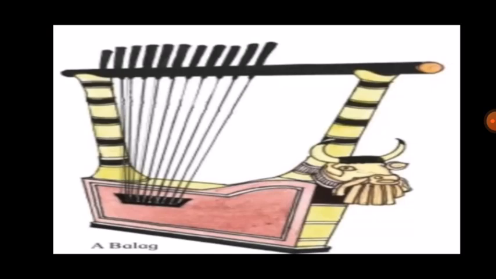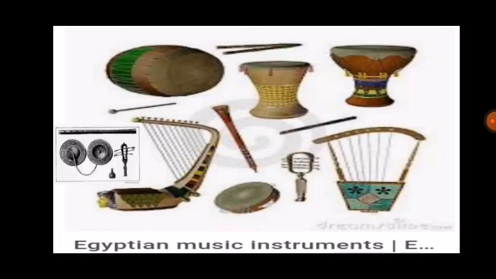In Mesopotamia, a stringed instrument known as the balak was very popular. Besides, instruments like cymbals, rattles, flutes and drums, you can see all these musical instruments in the slide, were also played during the early civilization.